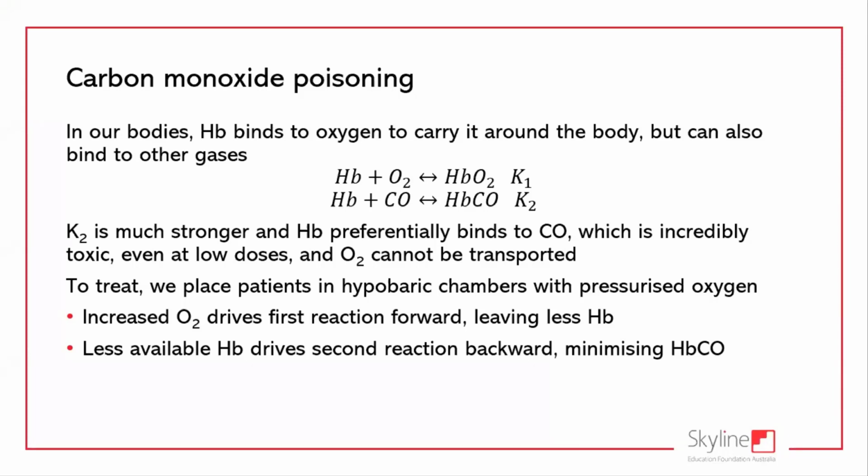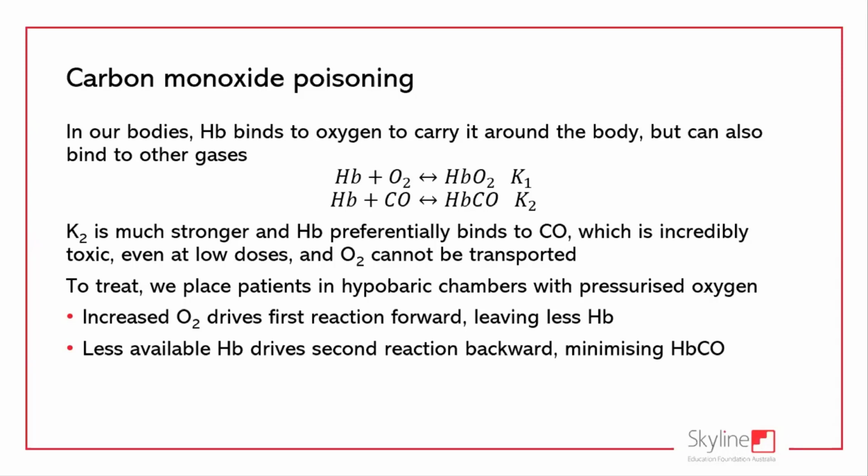The reason why is because, in our blood, we breathe in oxygen, our blood picks up the oxygen, then has to go drop it off somewhere else. So the equilibrium constant has to be enough for our hemoglobin to pick up oxygen, but also drop it off around the body. But there is no function of carbon monoxide in our body. So carbon monoxide just binds really strongly and we can't get it off.